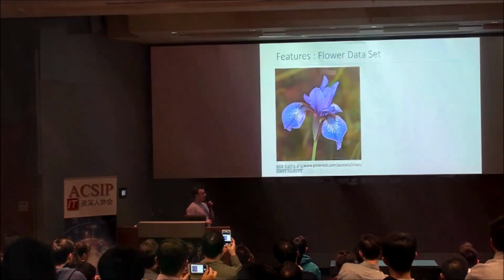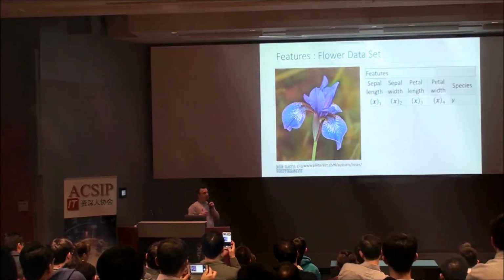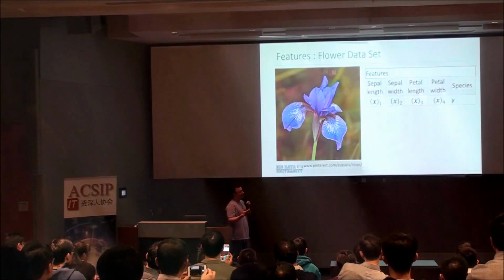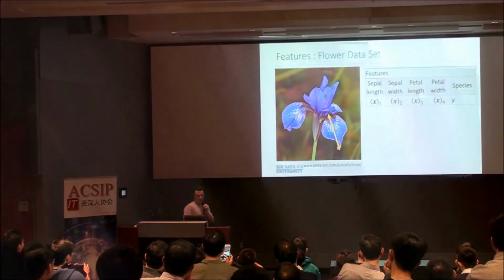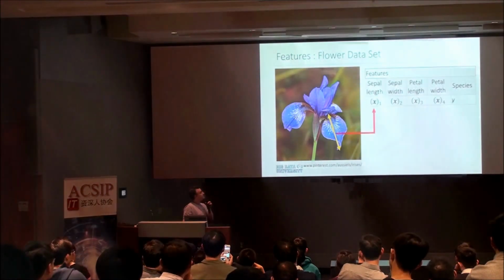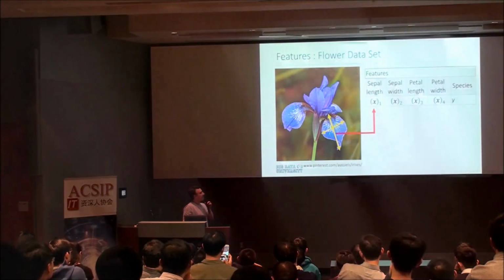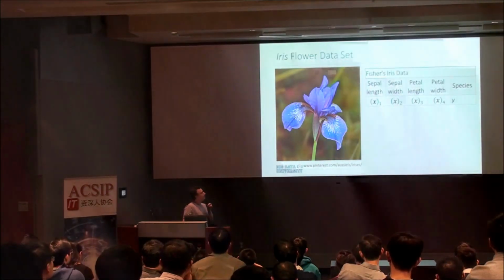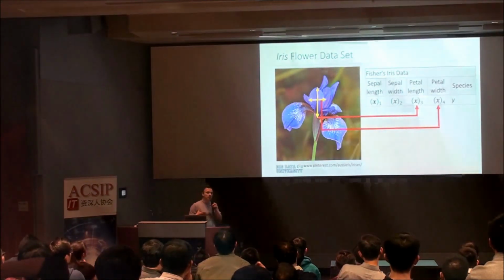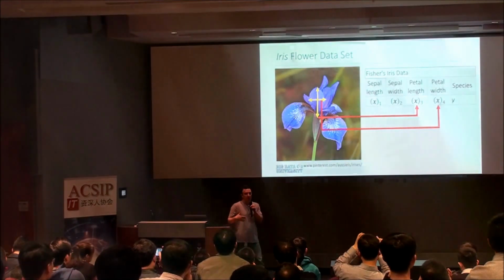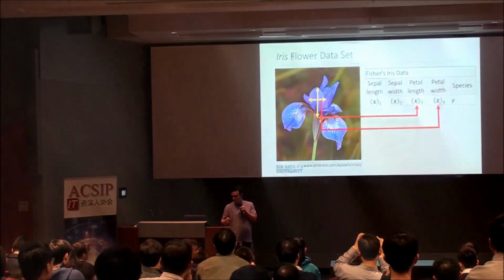Now I'm going to talk about features. Features are measurements that we can use to help us predict our class. For the iris flower data set, we have sepal length, sepal width, and we also have petal length and petal width. We want to use these features to help us recognize different flowers.